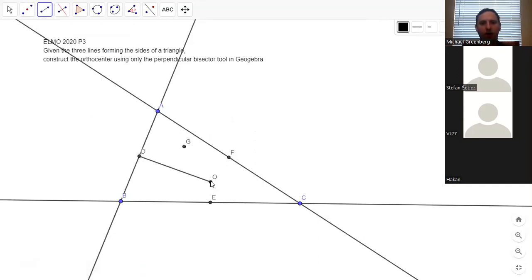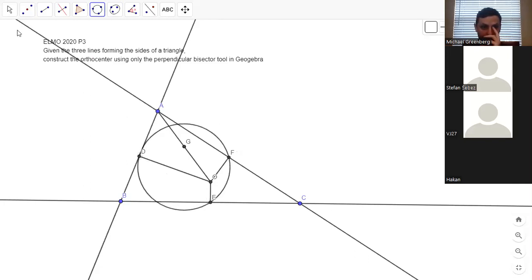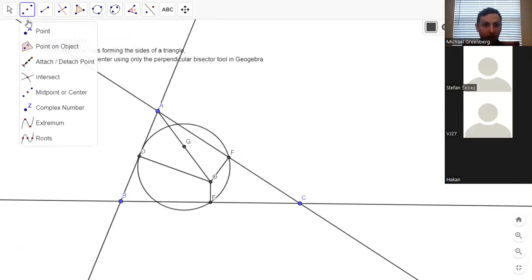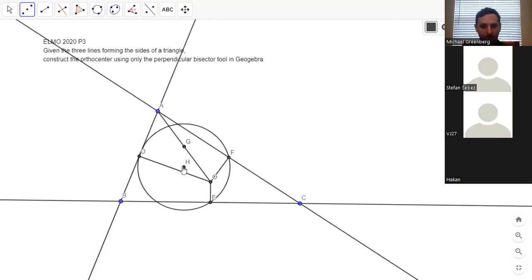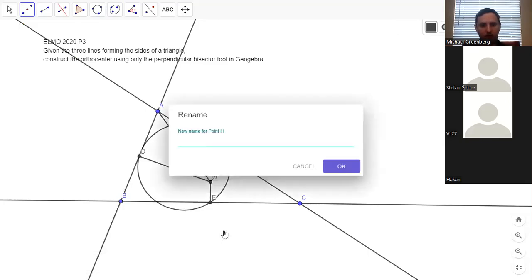We can also draw the 9-point center. So let me do that right now. I'm going to erase the circle in just a second, but we have the 9-point center.